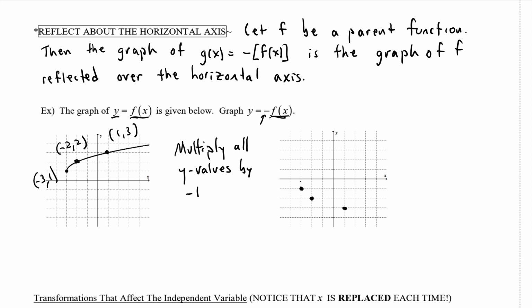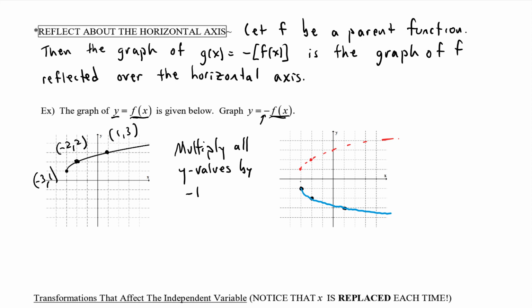So it just flips the entire relation over the x-axis. Same exact shape, no squishing, no stretching, just flips it over the horizontal axis.